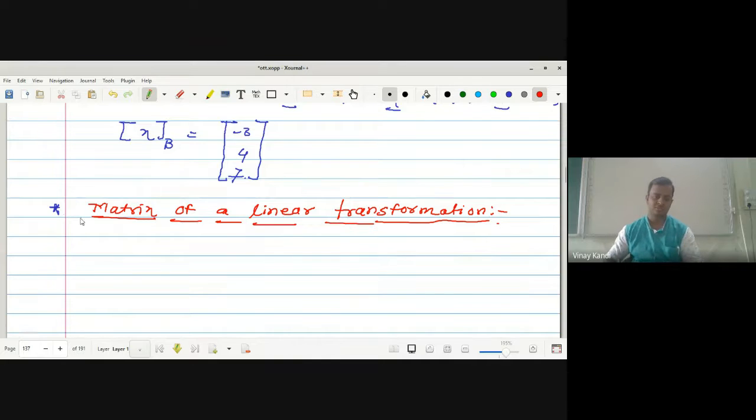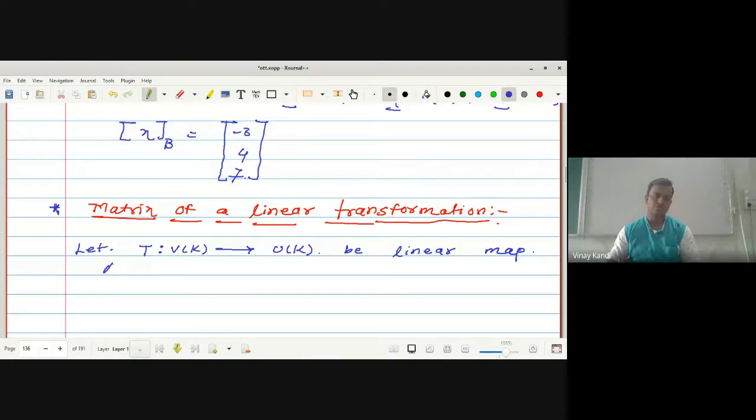Now, let T be a linear transformation from the vector space V over K to U over K. Assume this is a linear map.